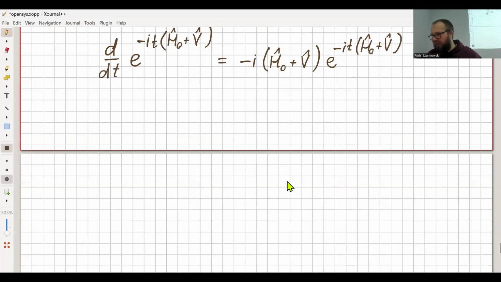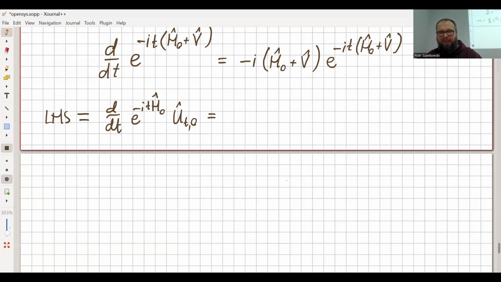So we can start with the left-hand side. So we have d dt of e to the minus i t H0. So this is the zero part and the unknown part, u. So we just substituted the interaction picture of the evolution operator, and this guy is unknown, right?